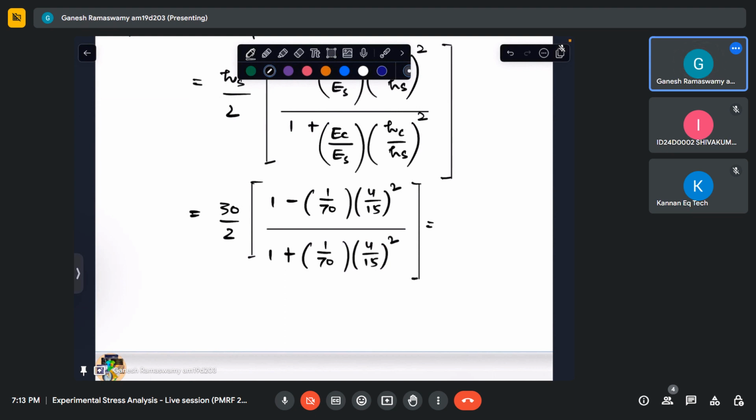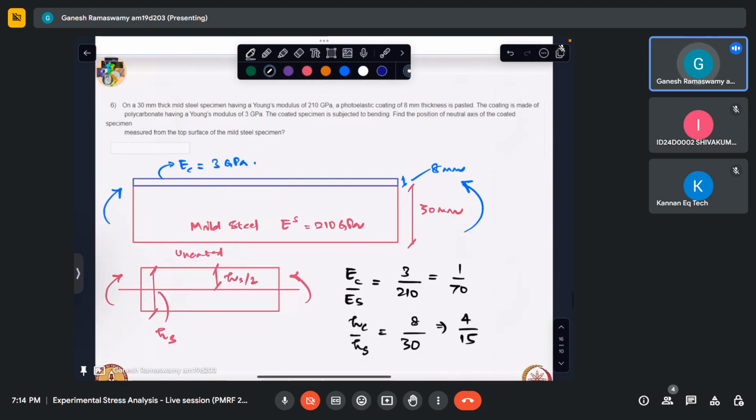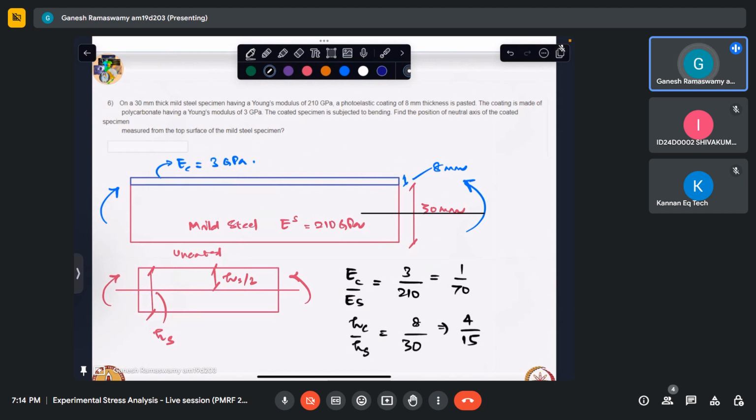Now, in the event that this was a homogeneous section, where would it have been? It would be at 30 by 2, which is 15. So we can see that the introduction of this coating with a very soft material has only managed to slightly pull the neutral axis towards the top, from 15 mm to 14.96 mm.